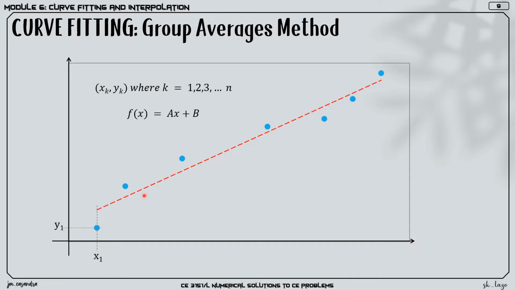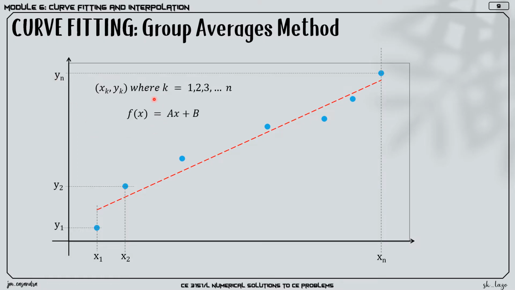So take note, for the first point, we denote this as x1, y1. The second point is x2, y2, and so on until we arrive at the last point, which is defined by xn, yn.